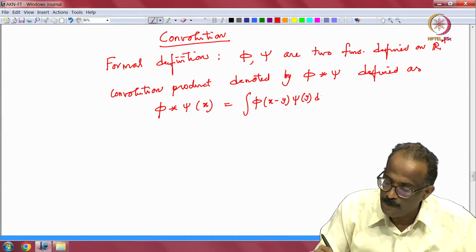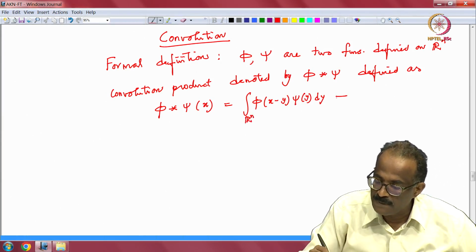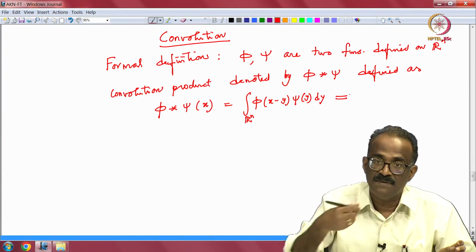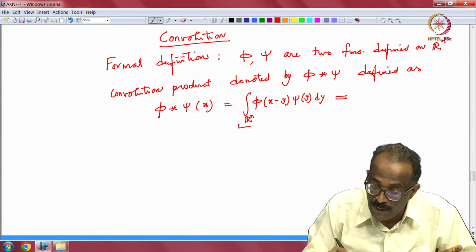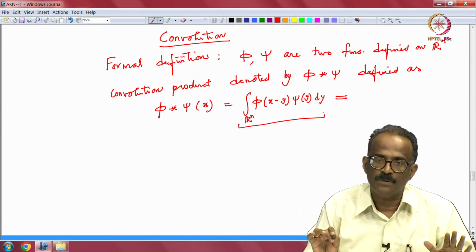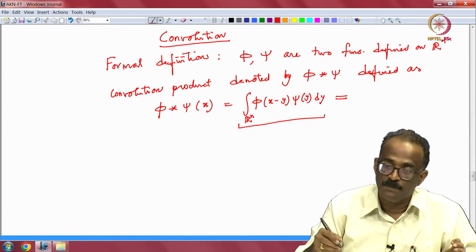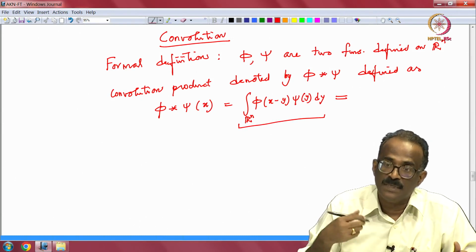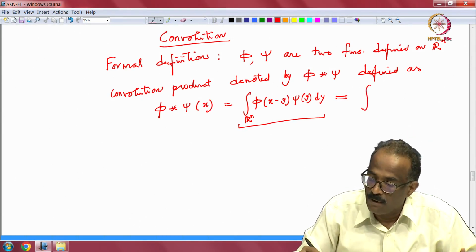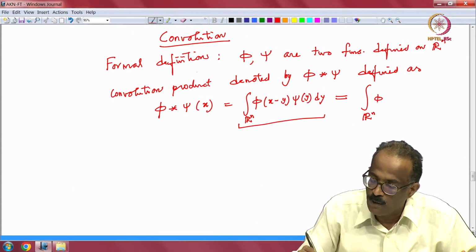Of course again it is in Rn. This may not be meaningful, let us not bother about the meaning, but once it is meaningful you can just use the translation invariance of the Lebesgue measure. This is also equal to the integral of phi of y psi of x minus y dy.